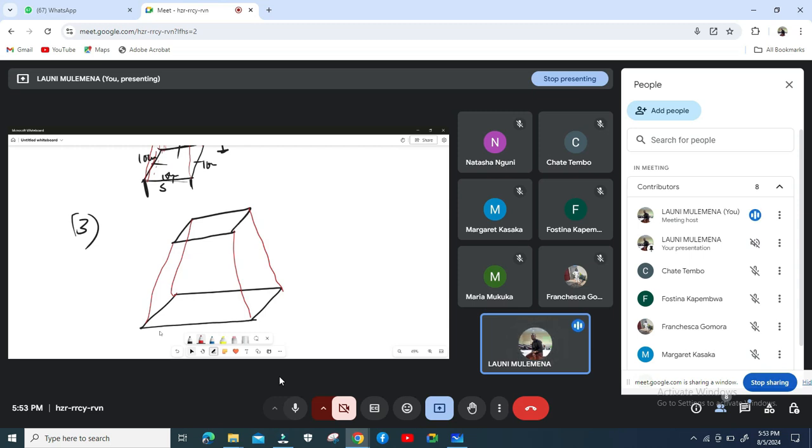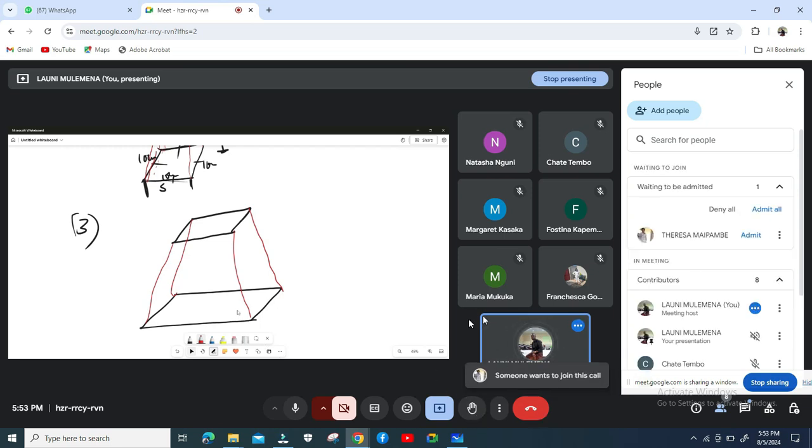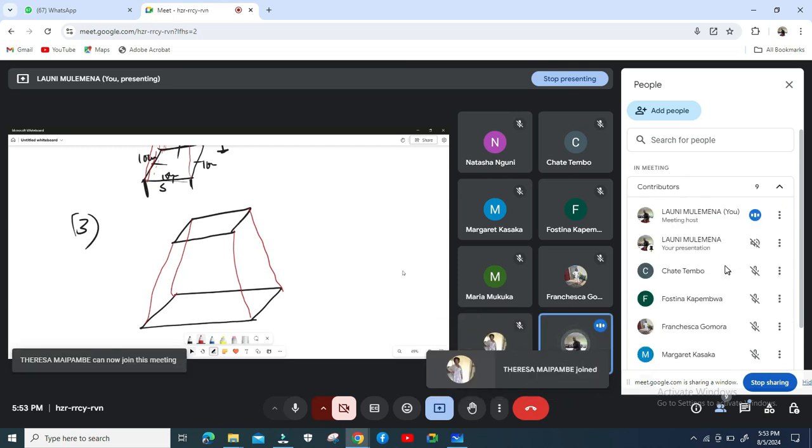The only thing that you need to appreciate is that with a rectangular pyramid, the formula to use for the volume is this. With a square pyramid, the formula to use is this. Very important. We need to appreciate that.